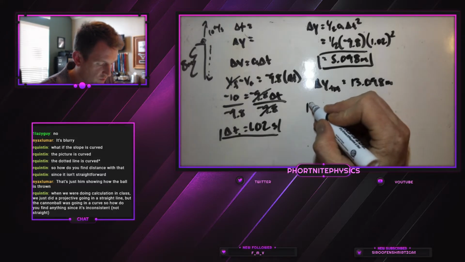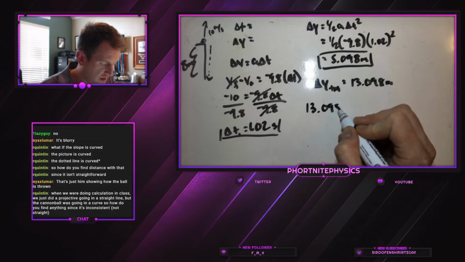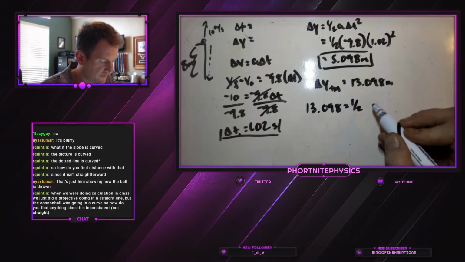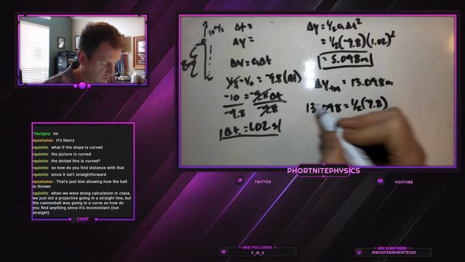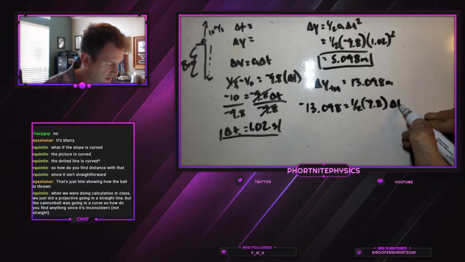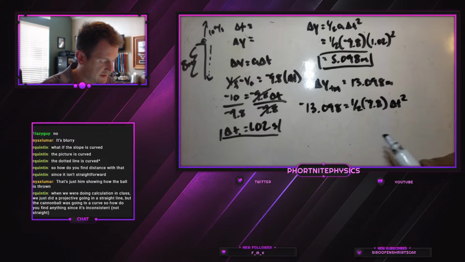So we're going to do this calculation again, except using our total fall from the very top. So we have 13.098 equals 1/2 negative 9.8, multiplied by the time squared.